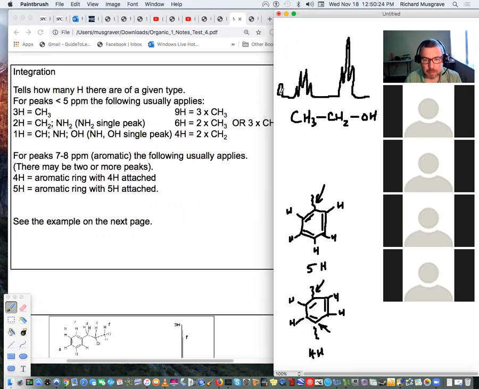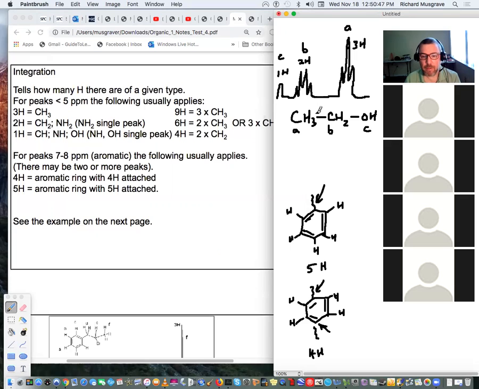And we'll do another one over here. So it'll be a 1H, this will be 2H, and this will be 3H. So if I was to label this, you should be able to say that the peaks responsible for each of these would be A, B, and C. Is everybody okay with that so far?